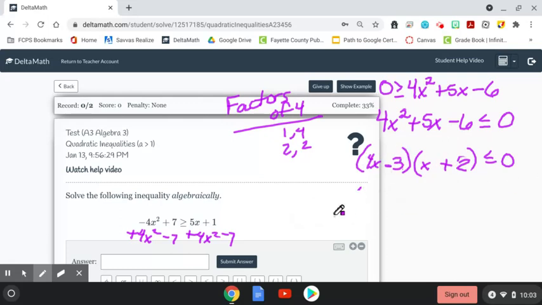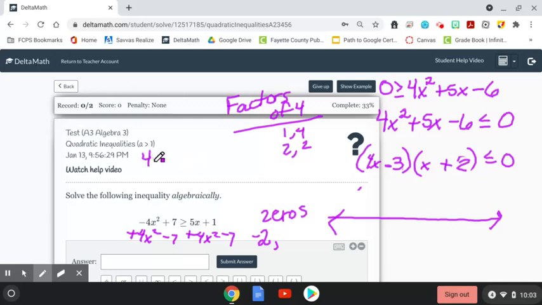So now it's factored. I need to find my zeros, set on my number line. Okay, for the x plus 2, the opposite of positive 2 would be negative 2. And then for 4x minus 3, to find that 0, you're going to need to set the 4x minus 3 equals 0.